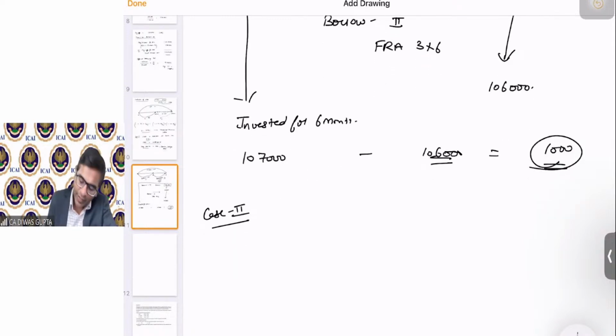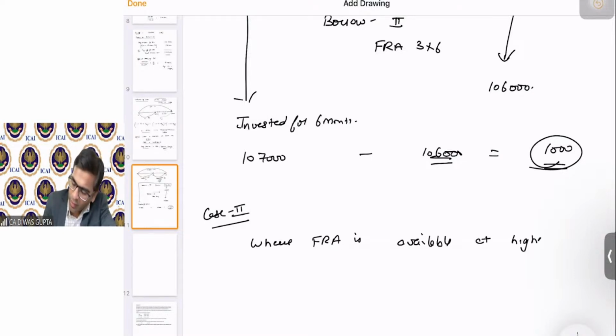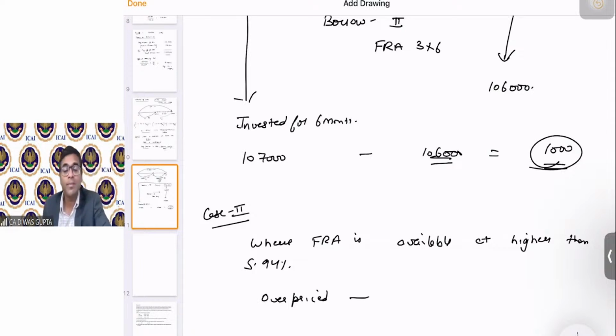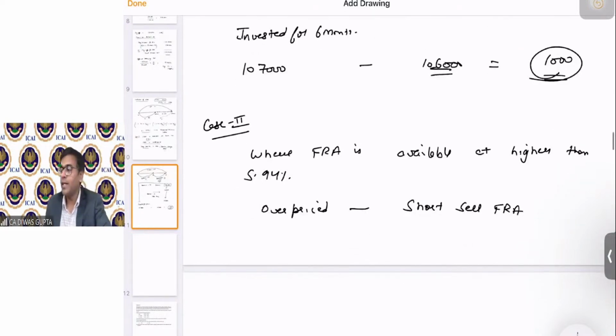So case 2, where FRA is available at higher than 5.94%. 5.94 was our theoretical minimum value. Now, can we say that this is an overpriced FRA? Yes. What we do in case something is overpriced, we short sell that FRA.